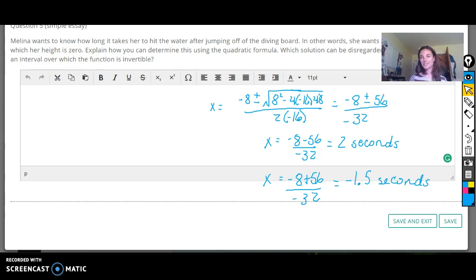Okay, in the interest of time, I went ahead and wrote this out, but I used the quadratic formula to determine that at 2 seconds and negative 1.5 seconds, she hits the ground, the water. The only one of these that'll work is the positive 2 seconds because we don't have negative time. I would encourage you to pause this recording and work through this quadratic formula according to my notes here.